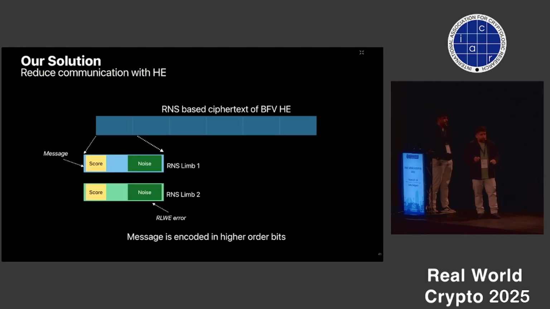Okay. We further use many other HE optimizations. Here I'm going to touch on a few of them. But to understand that, we have to look under the hood of the HE ciphertext that we have implemented. In our implementation of BFV, each ciphertext consists of 2 RNS limbs. If you zoom into a single slot of a ciphertext, you notice that the scores are at the higher order bits, and noise is at the lower order bits. So in other words, useful material is in the higher order bits.